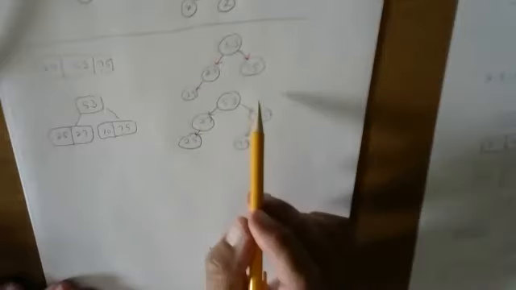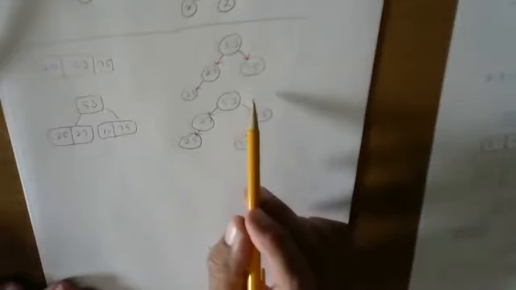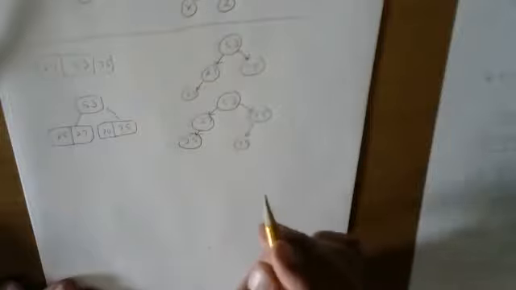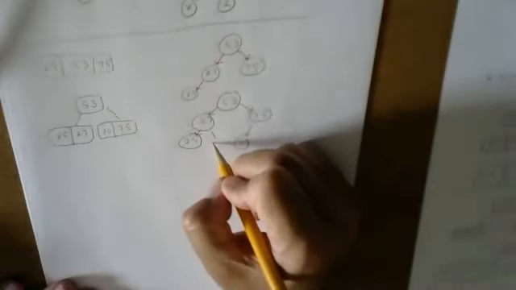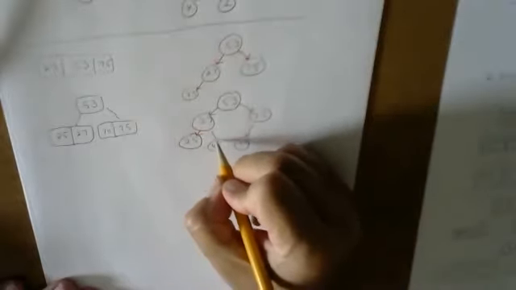Next number is 41. Where would 41 go? To the right of 27. If I think about it here, it would go to the right of 27. So if I put it in, I'm looking at 27, 25, and 41.